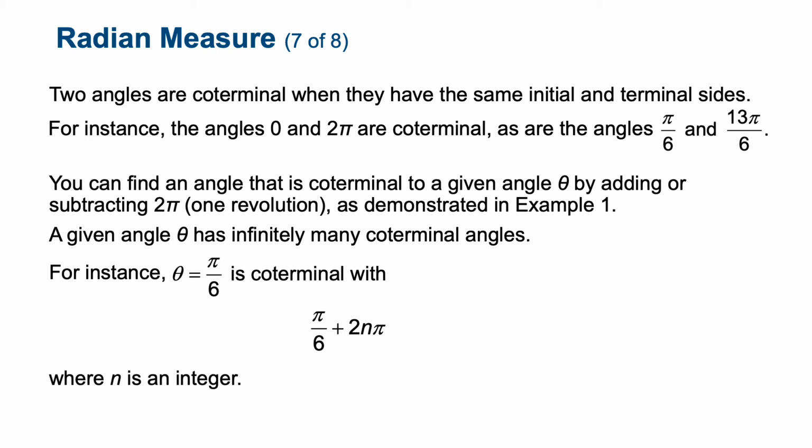We can find an angle coterminal to any other angle by adding or subtracting 2 pi, because you're doing a revolution. Any angle has infinitely many coterminal angles, so you would say pi over 6 is coterminal with pi over 6 plus 2n pi, where n is an integer.